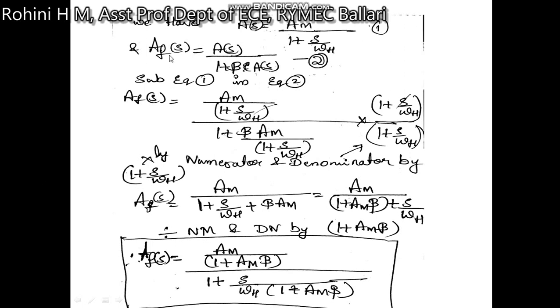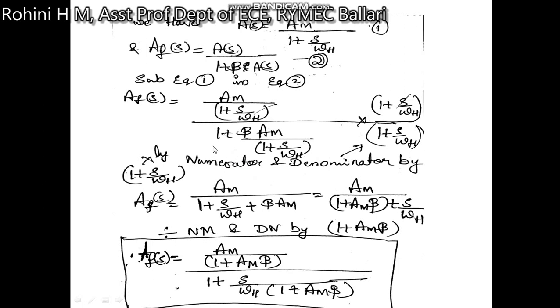So equation 2 becomes Af of S is equal to, in place of A of S, AM divided by 1 plus S divided by omega H, divided by 1 plus beta, and again in place of A of S, AM divided by 1 plus S divided by omega H. Then we multiply numerator and denominator by the term 1 plus S by omega H. In the numerator these two terms cancel, so we remain with only AM.